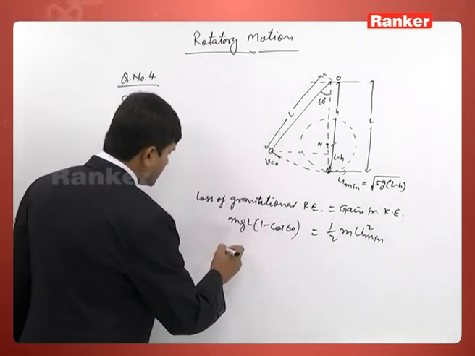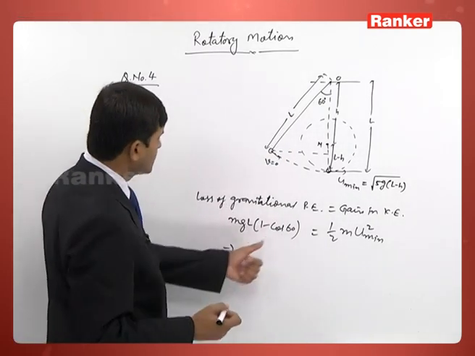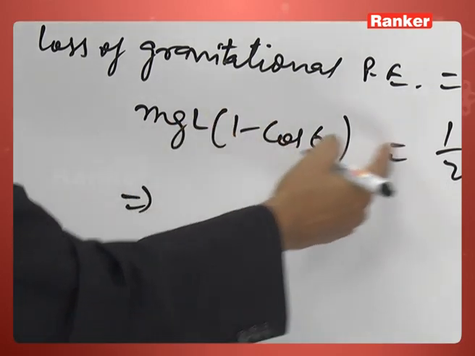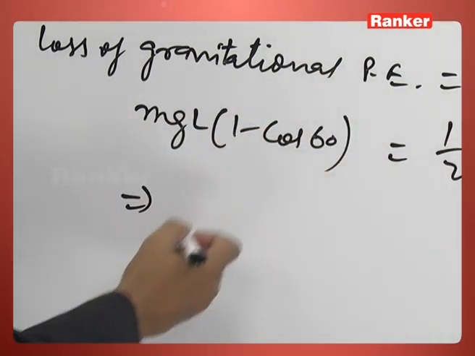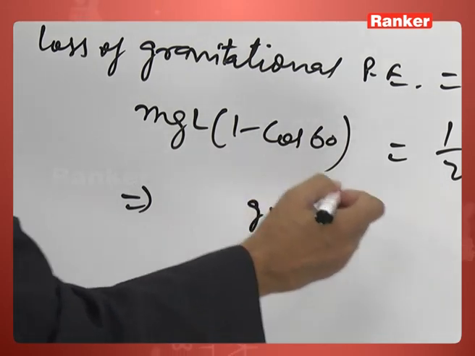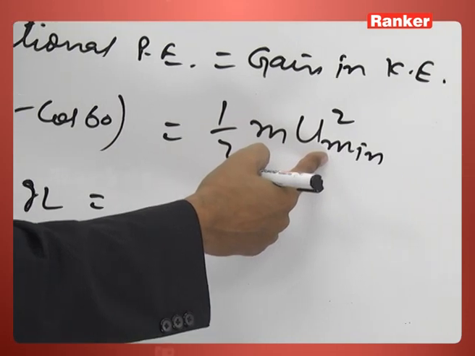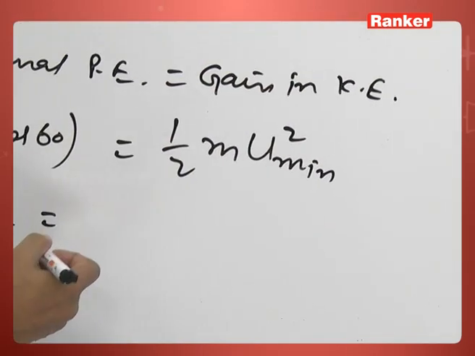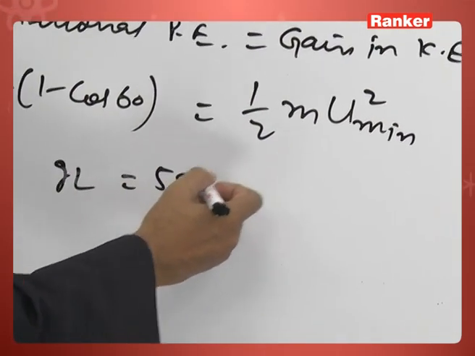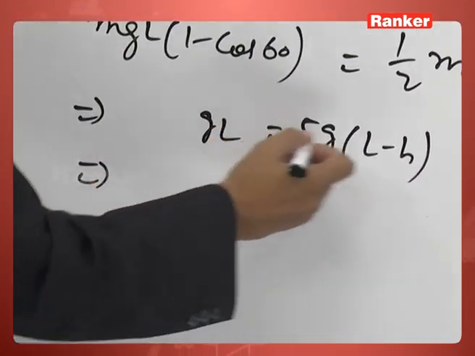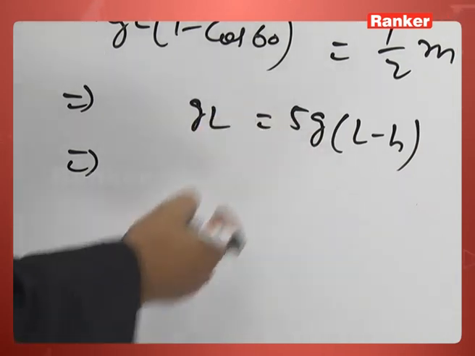See here, cos 60 is 1 by 2, mgL into 1 by 2, the 1 by 2 cancels, m cancels. So gL is equal to u minimum squared, that is this much. So 5g(L minus h), L and L again cancel, g and g cancel.